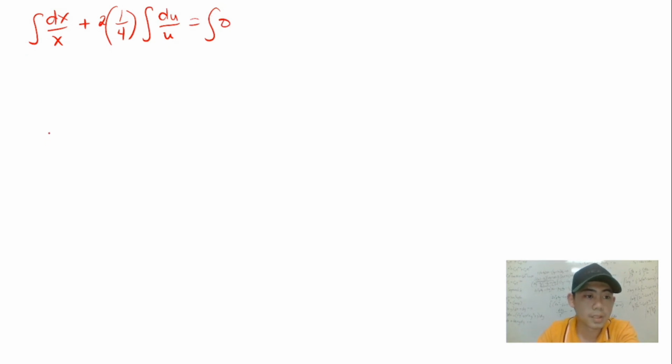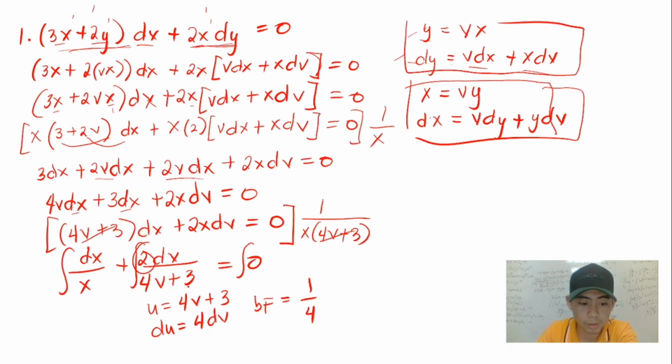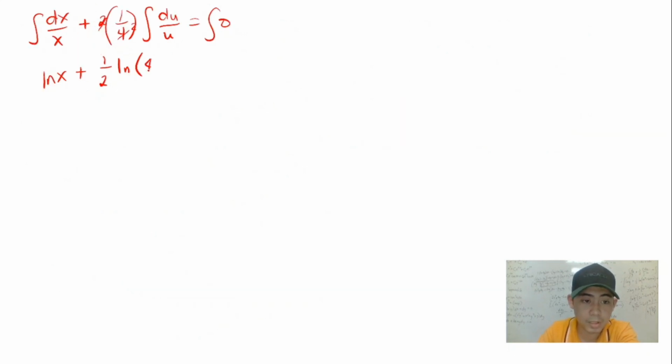Now, the integral of dx over x is ln of x. Plus, this will be cancelled, so 2 times 1/4 is 1/2 ln of u. What is our u? It is 4v plus 3. We just substituted because the integral of du over u is ln of u.